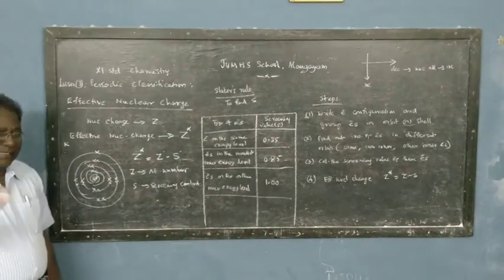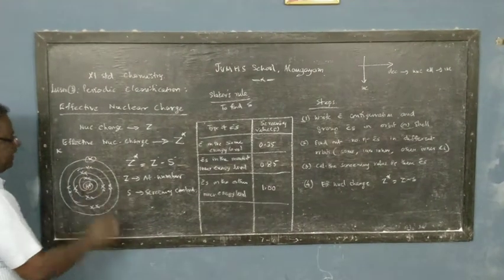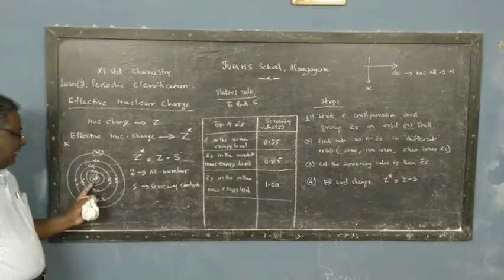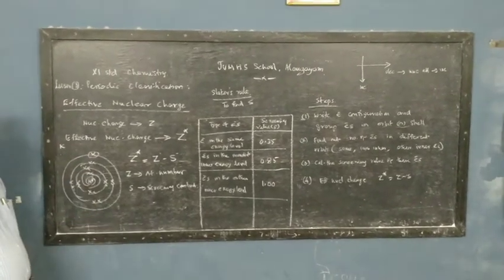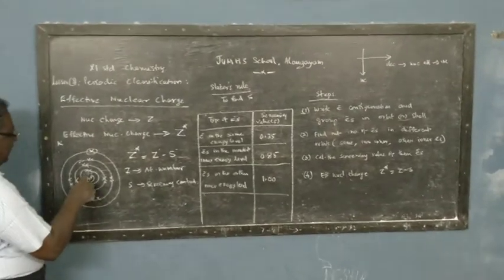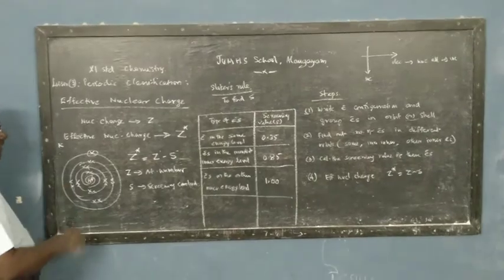Now there is one more factor taken into consideration. When this electron is attracted by these 19 protons, all 19 protons will not be able to attract this outermost electron because there are inner electrons. How many inner electrons do we have? 2, 8 and 8. There are 18 inner electrons.